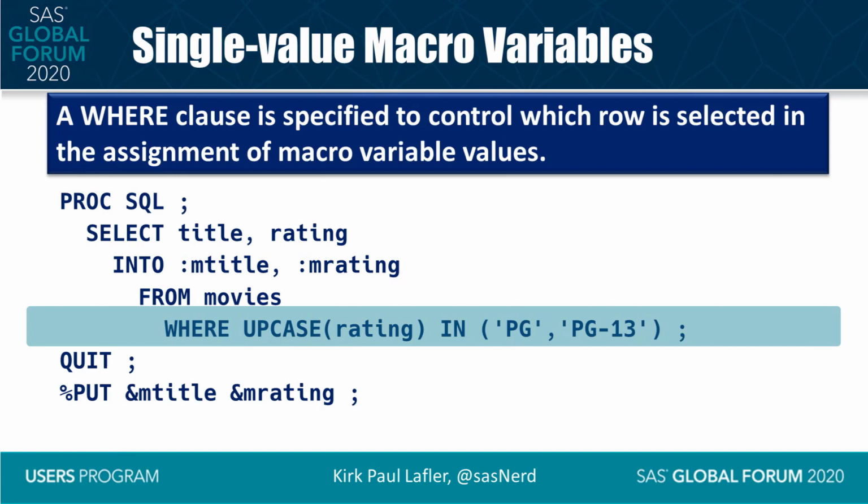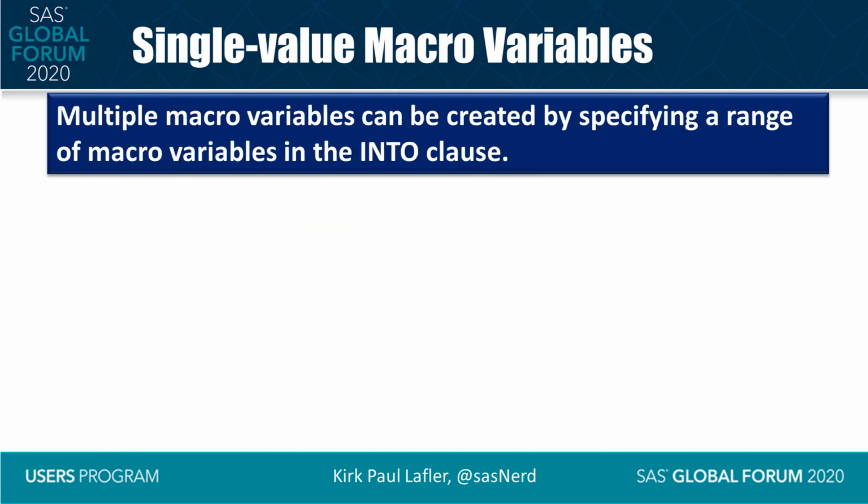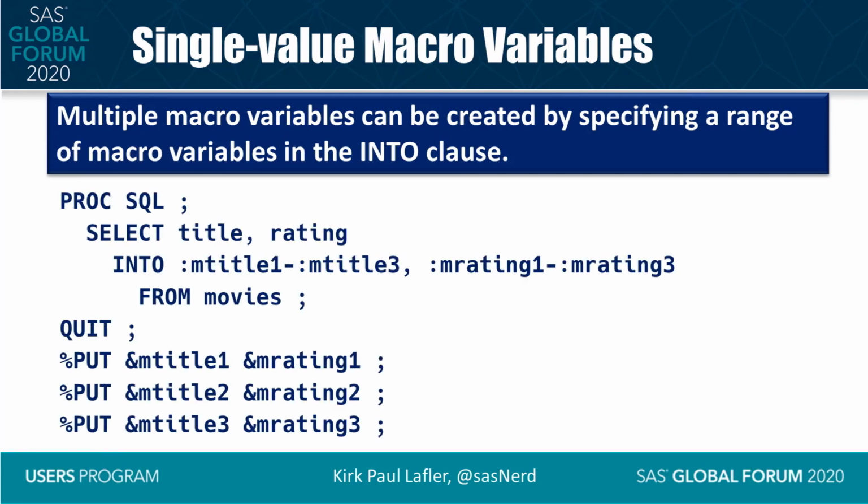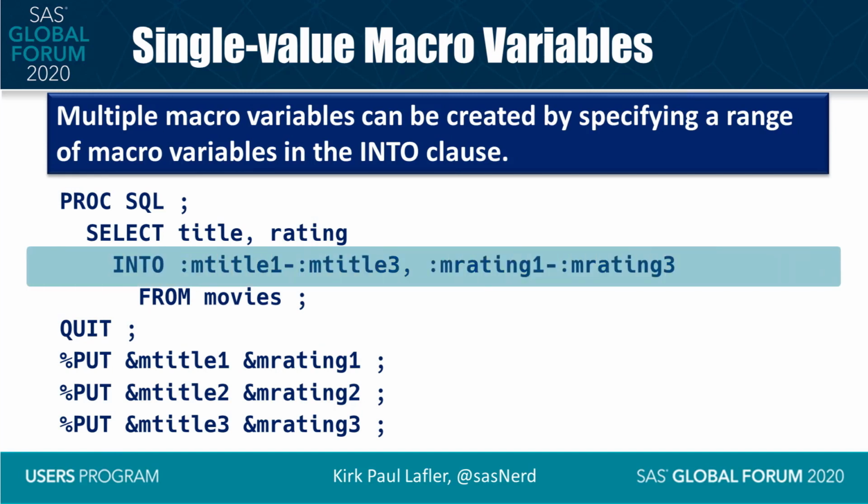Multiple macro variables can be created by specifying a range of macro variables in the into clause. In this case, we see the into clause M title 1 dash, that's not a minus sign, M title 3, M rating 1 dash M rating 3.